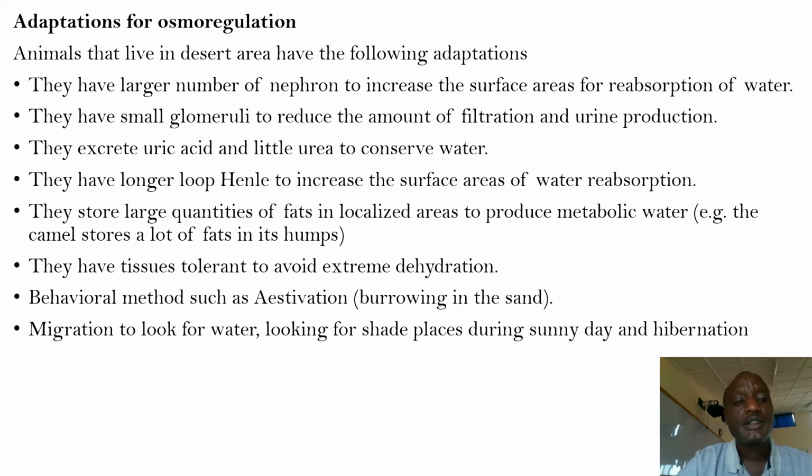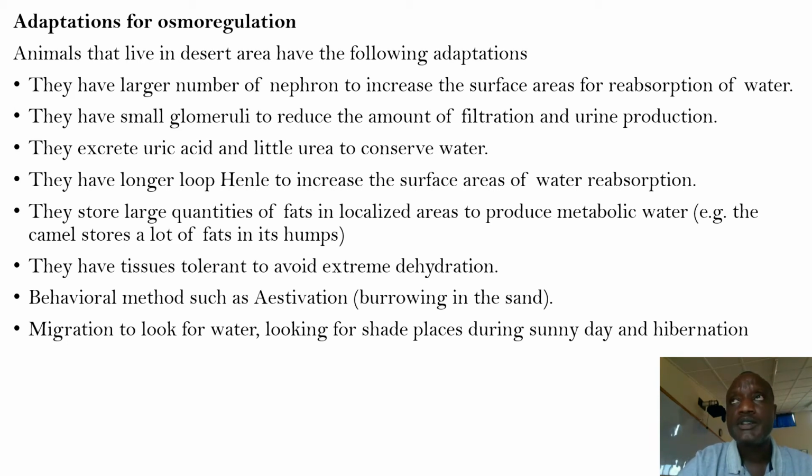Second adaptation, these animals in most cases have small glomeruli to reduce the amount of filtration and urine production. Remember, desert animals tend to produce highly concentrated urine so that they can conserve as much water as possible in their body tissues.